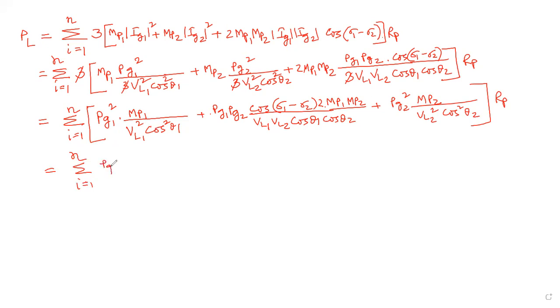Now we can write it like P_G1 squared, and this whole thing over here we call B11, plus P_G1 P_G2, and again the whole thing will be B12, plus P_G2 squared B22, into R_p.